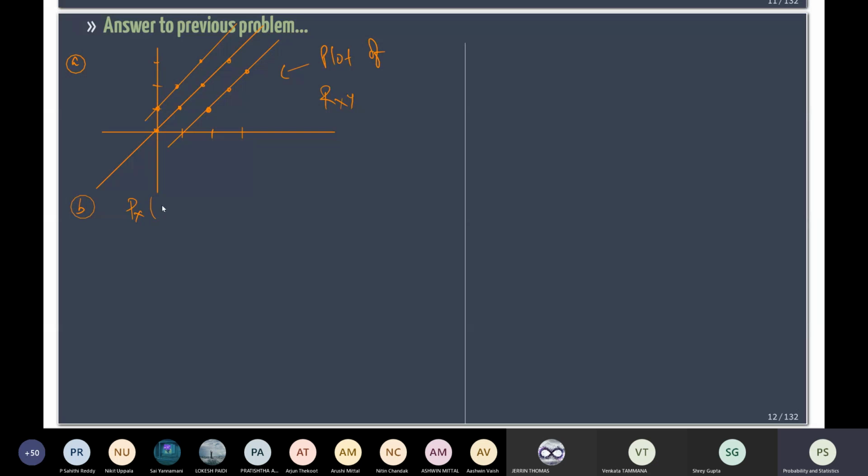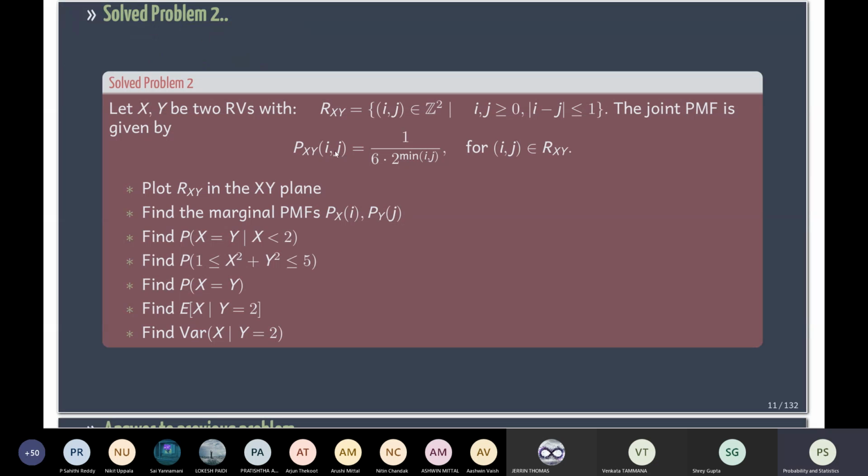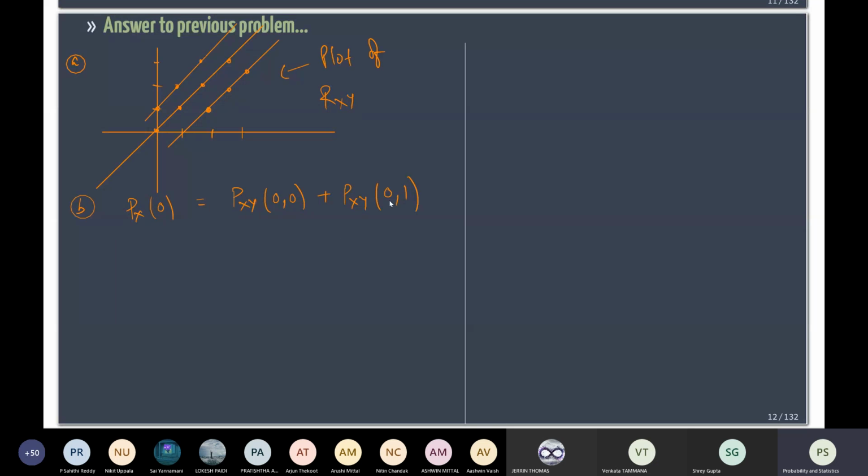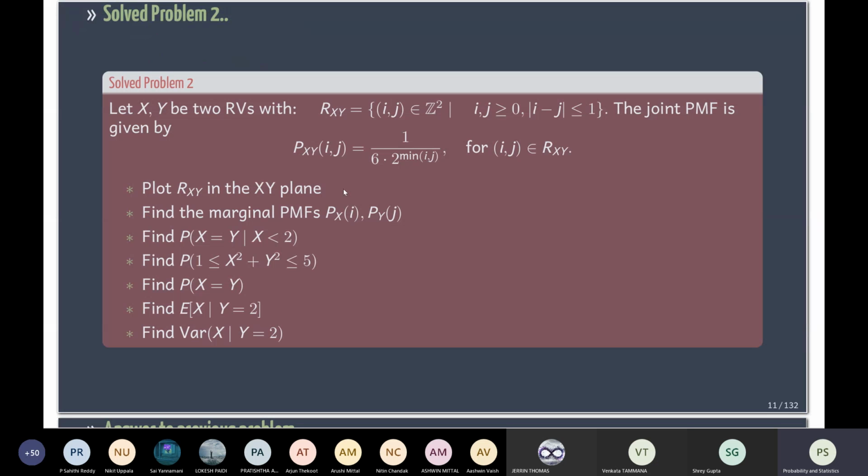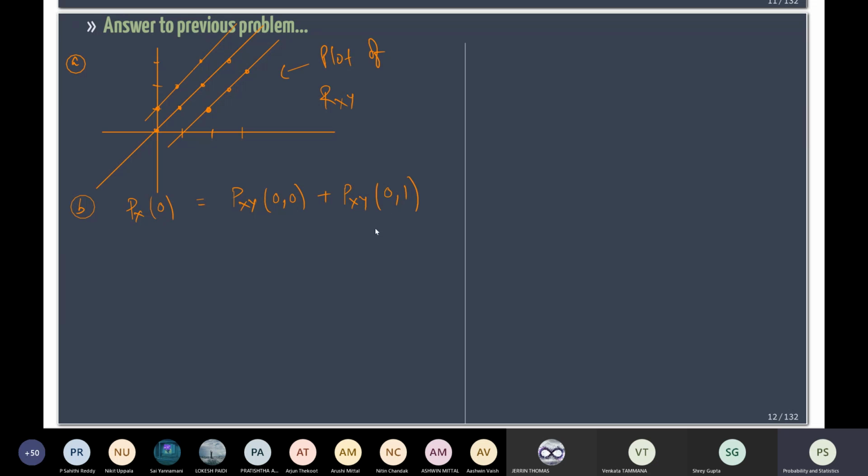So let us find the marginal. pX(0) will be the joint p(0,0) plus p_XY(0,1). Since i, j are greater than or equal to 0, the only values I can have are (0,0) and (0,1). I cannot do (0,2) because that would violate the condition that the difference is at most 1, so that will not satisfy. That's why I stop here.